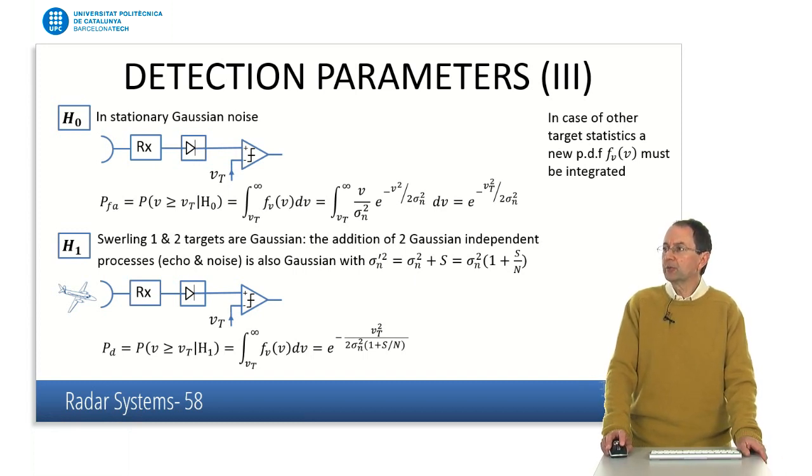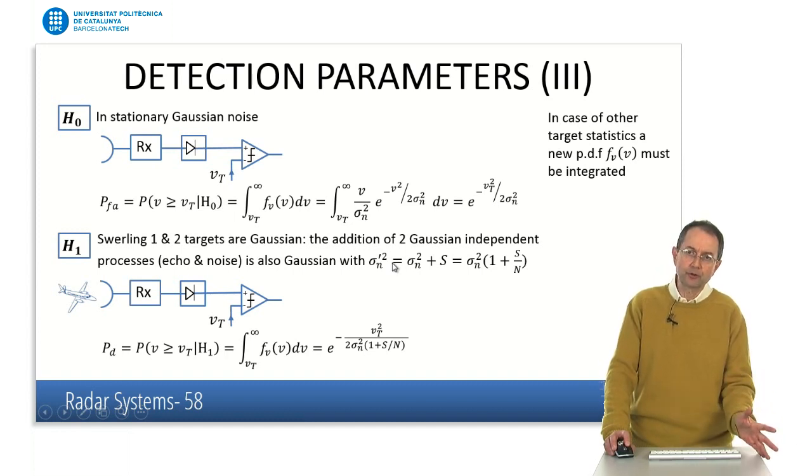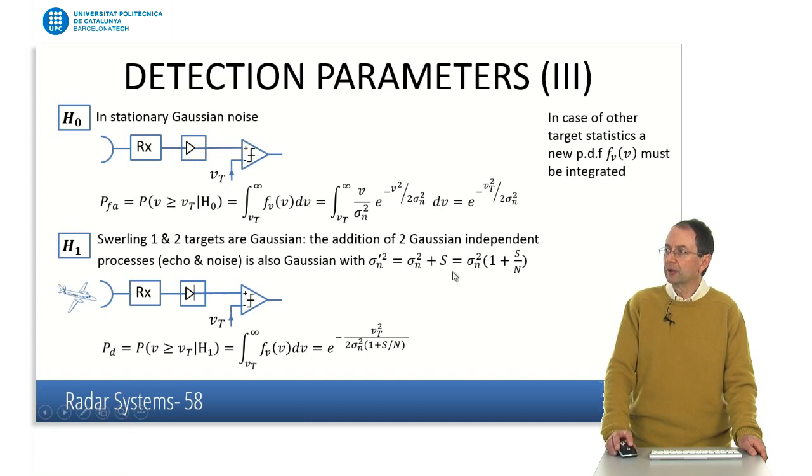In this case, we can reuse the previous integration just by substituting the variance, because now we have a new Gaussian process, the addition of the noise process plus the echo process. Both are Gaussian, so we can consider a new Gaussian process with the addition of powers as the variance.